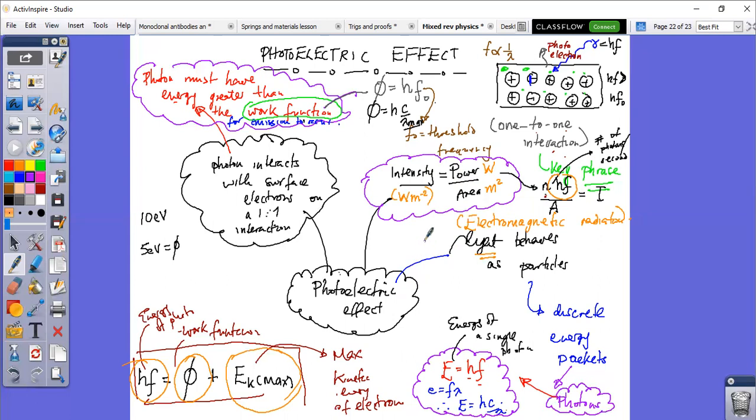Now try and explain that. Make linkages to the formula, to everything we've spoken about, the one-to-one interaction, and see if you can explain it. So I've now increased intensity by increasing the frequency. My N is still the same, as is my A.